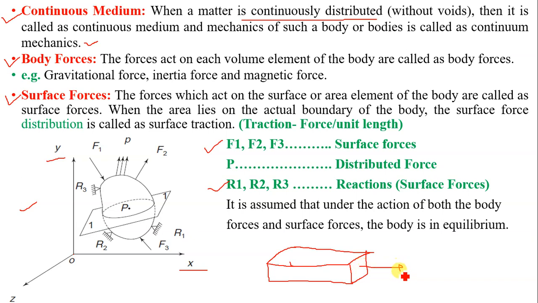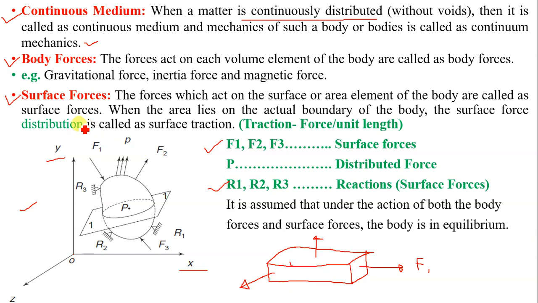This force is acting on the area or area element or surface. Hence it is called surface force. Let F1 be the first surface force. Now the second force is like this, F2. This is again a surface force. Here if suppose the force F3 is acting, this is again a surface force. If this brick is supported by the supports, then the reactions are nothing but the surface forces.